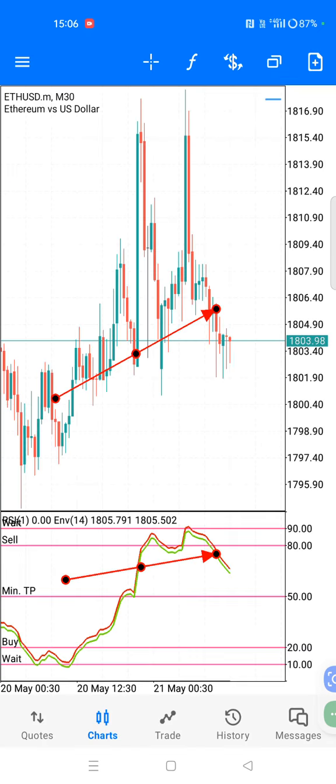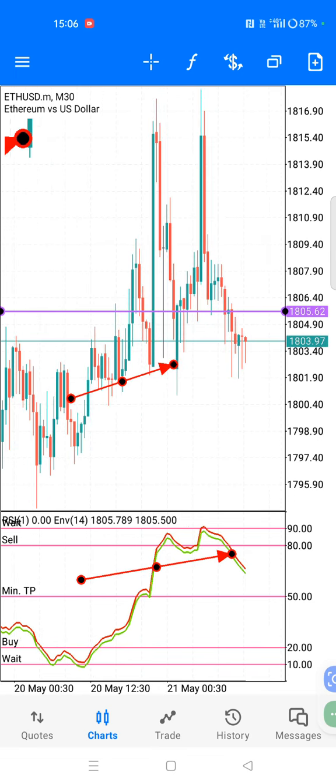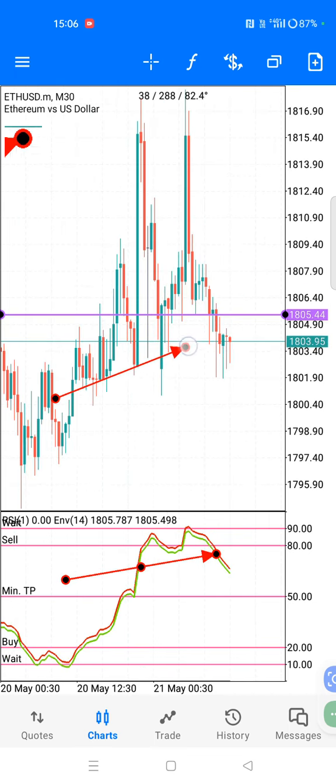So the sell will be around here. I think this one closes over here. So when it goes, you take a sell and it continues to drop.